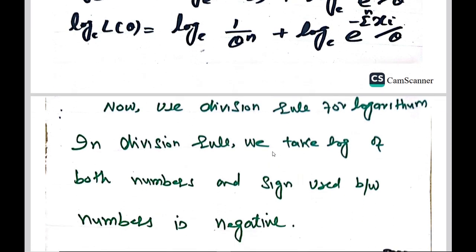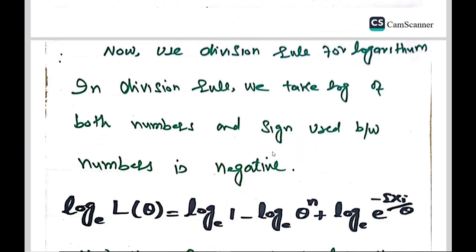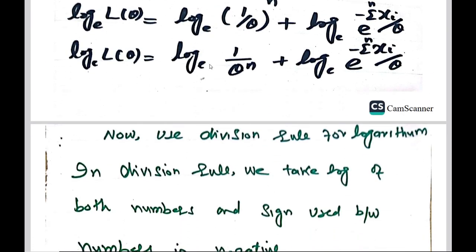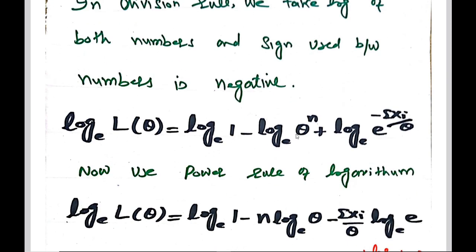Here we use the division rule for logarithm. In the division rule, we take the log of both numbers and the sign to be used is minus. So log of 1 minus n log of theta, plus log of e power minus the sum of xi over theta. Here we use the power rule. In the power rule of logarithm, multiply the power with the log of the number.